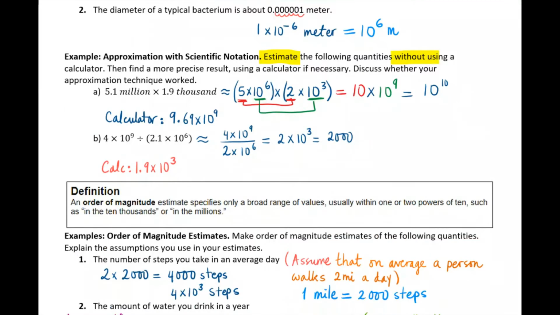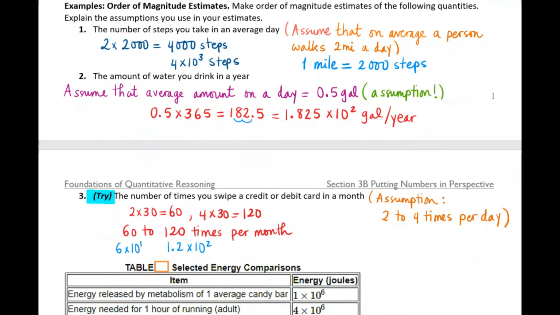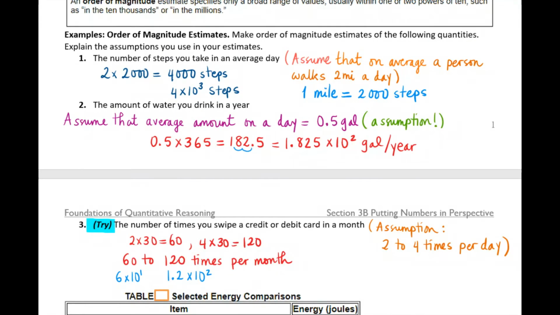And here are 3 examples in which assumptions are not given, so it's an open-ended question. If the assumption is given, then you can easily do it mathematically. Otherwise, you have to make some assumptions. For example, the number of steps you take in an average day. Somebody can say, "Hey, I'm simply taking 4,000 steps on average."